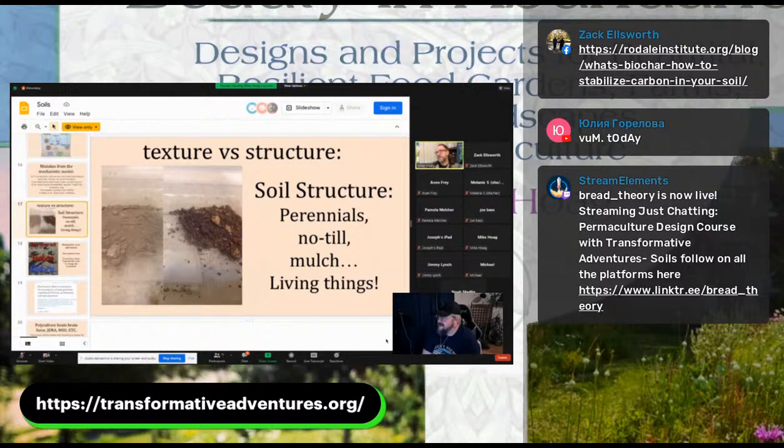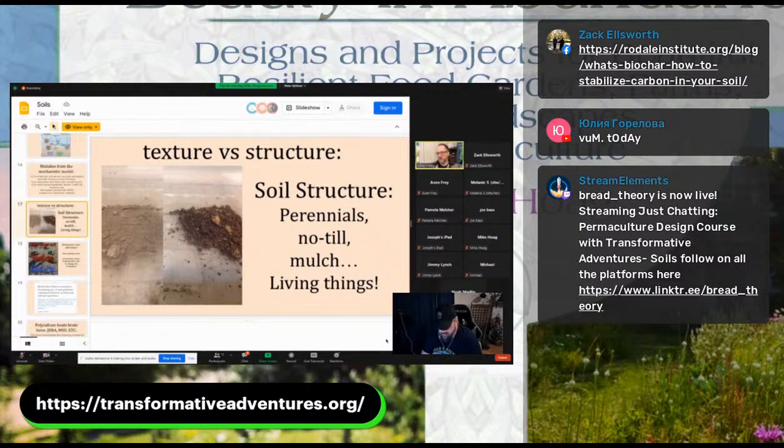Perennial plants keep their roots in the soil year round, which means they're constantly secreting sugars, and the bacteria are coming and eating the sugars and glomming onto the soil carbon particles and making MAOM, the mineral associated organic matter we were talking about. They're binding up the carbon to the minerals, creating this beautiful soil structure.